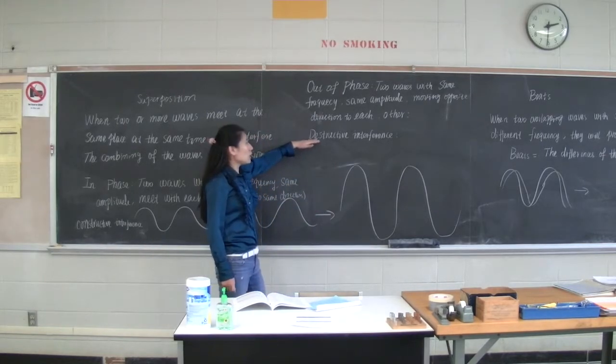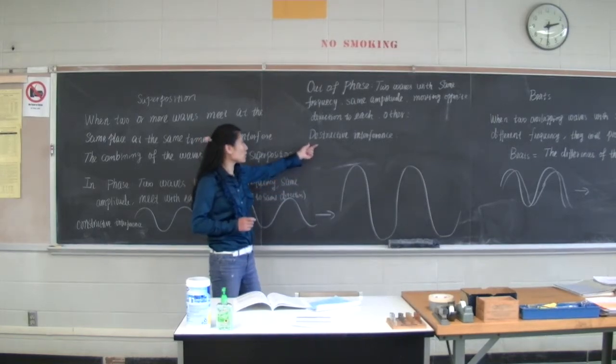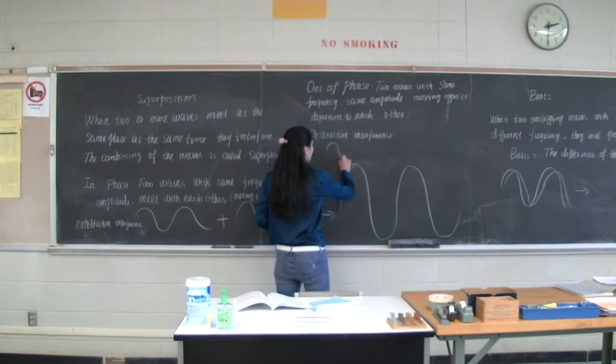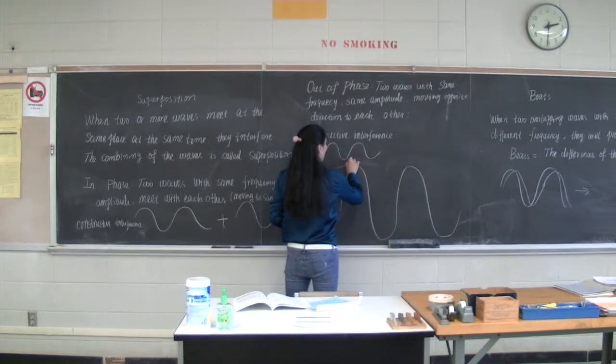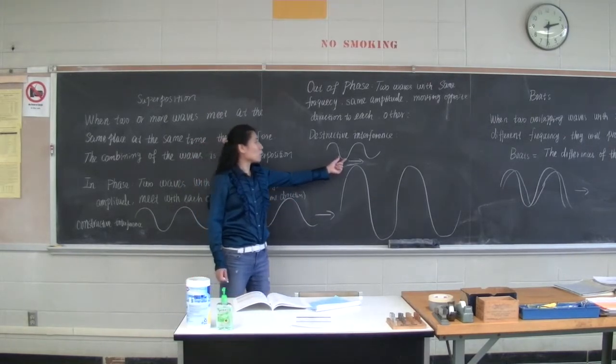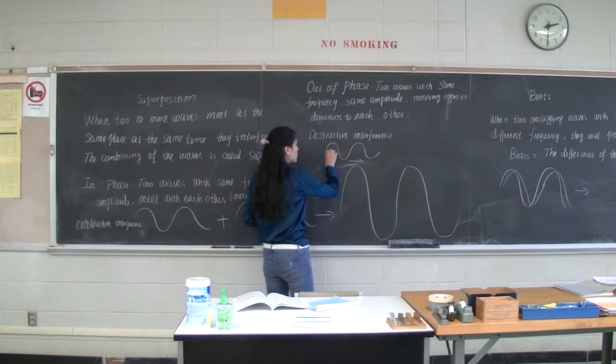So let's draw a figure of destructive interference. Suppose we have one wave moving along this direction, and a second wave, also moving along the same direction.